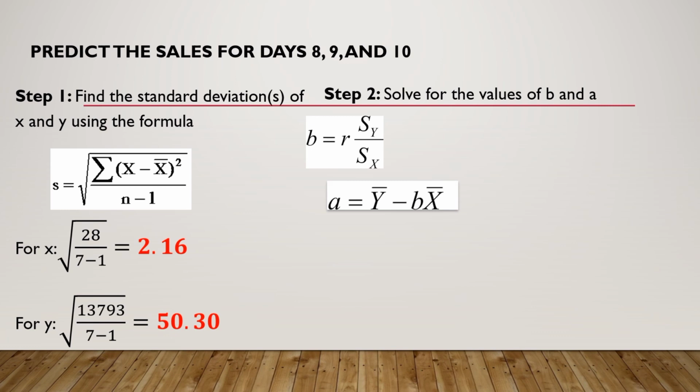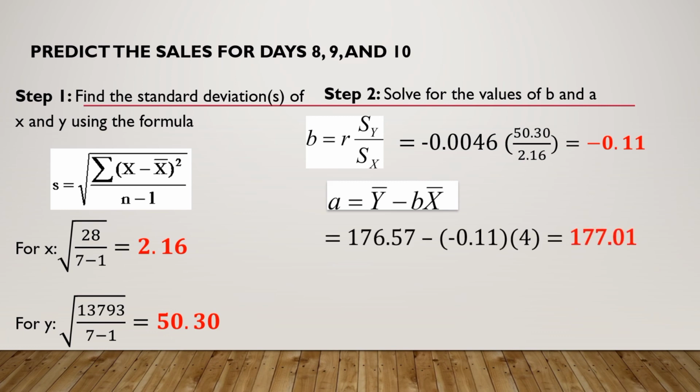For step 2, solve for the values of b and a. For b, we have negative 0.0046 times 50.3 over 2.16, that is equal to negative 0.11. And for a, we have 176.57 minus negative 0.11 times 4, that is 177.01.